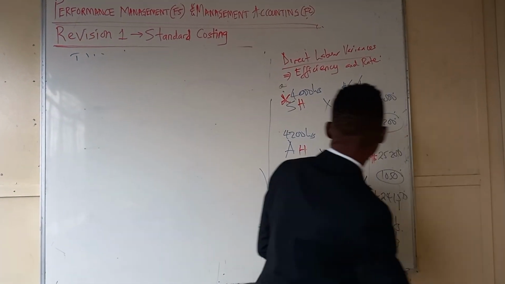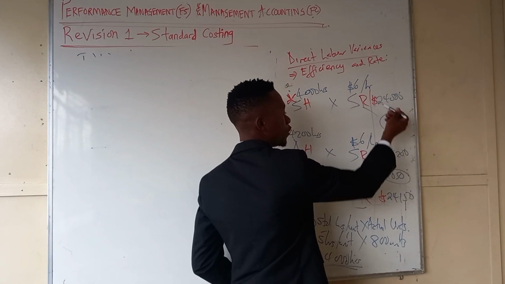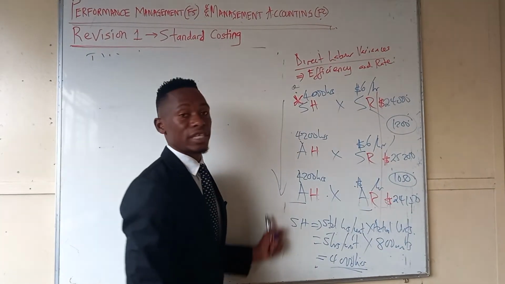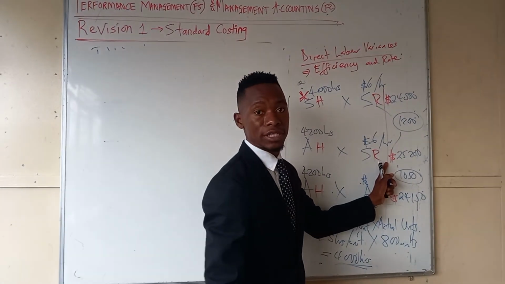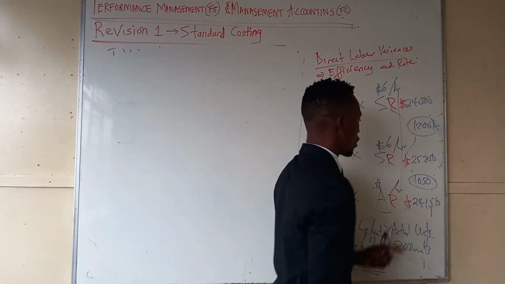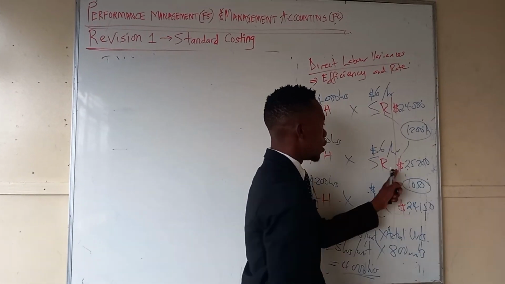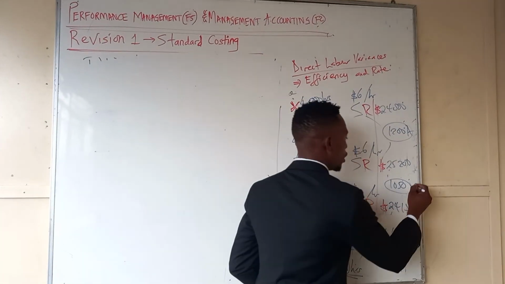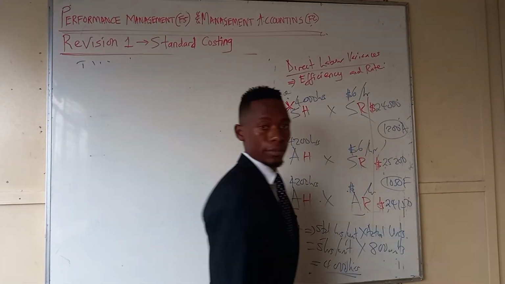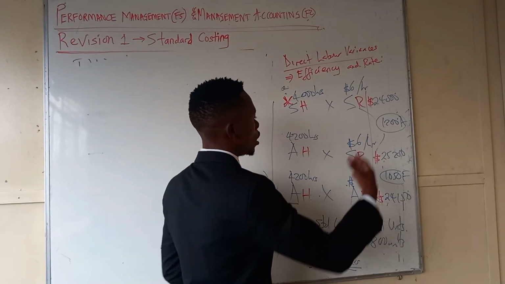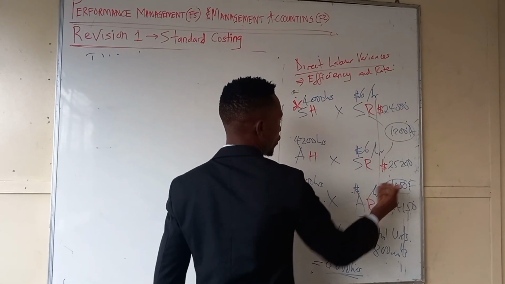Right. So if you compare from 24 to 25, we are moving from standard to actual. So actually the cost increased, meaning adverse. From 25 to 24, the cost decreased, meaning favorable, right? Then that's it. So we have the adverse variance, we have the favorable variance.